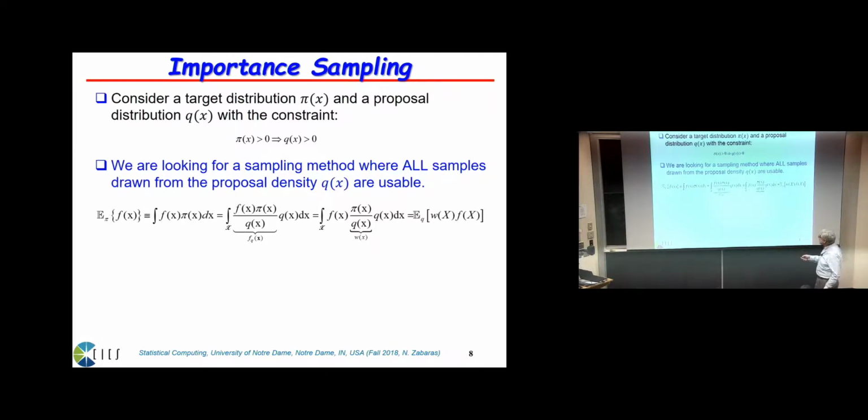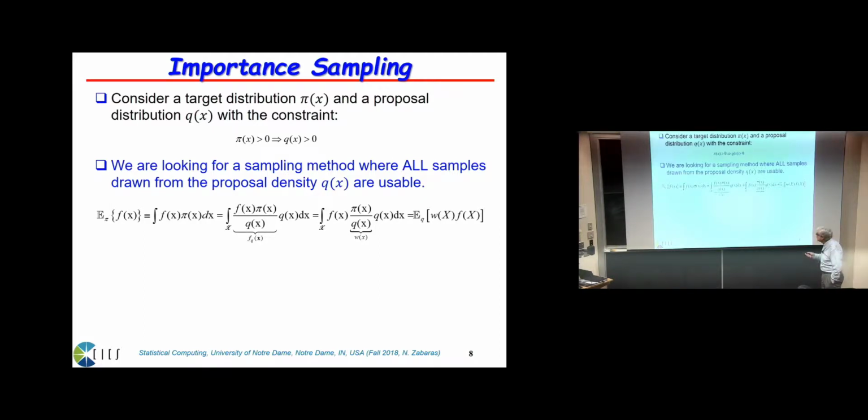You want to calculate the expectation with respect to pi of f. So that's the definition of the expectation. So what I'm going to do is divide and multiply by q. I can do this because q is positive, okay? And now, immediately, you can see something nice. Doesn't it look to you like an expectation, but an expectation not with respect to pi, but with respect to q?